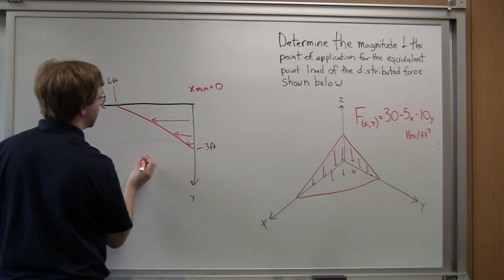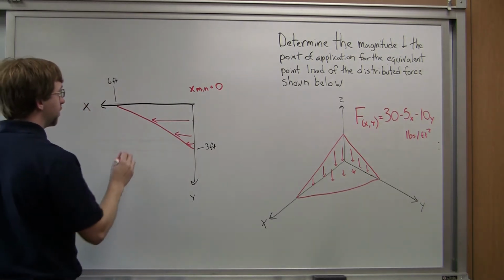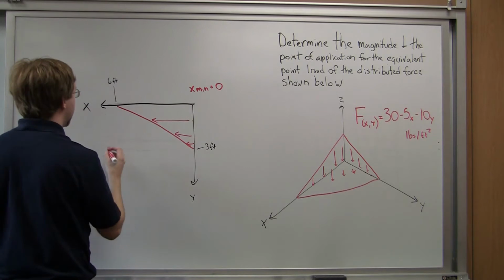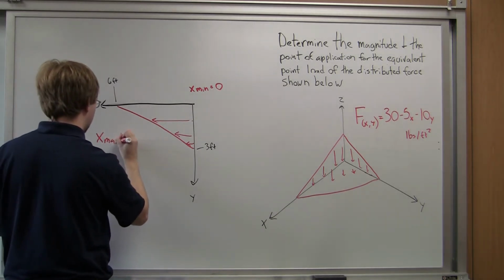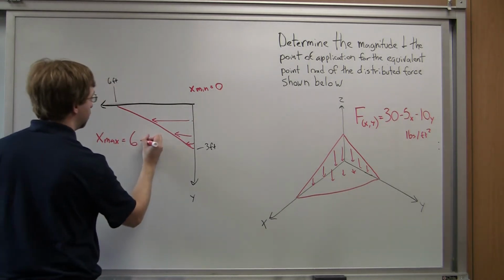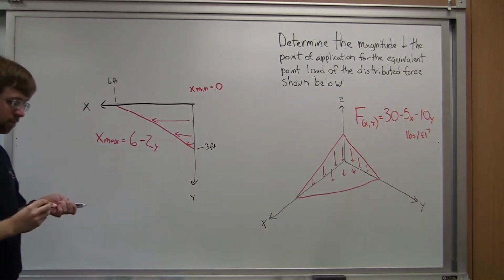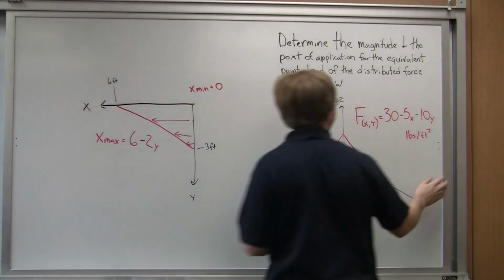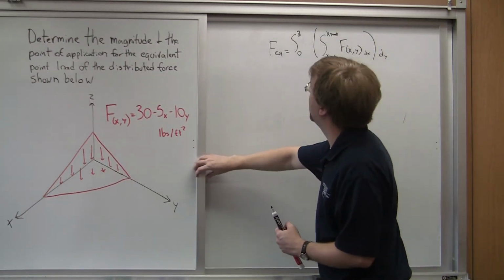So x max is actually going to be an equation. And the equation of this, for any value of y, x max is going to be equal to 6 minus 2 times y. So that's the value we're going to end up plugging in for our x max.